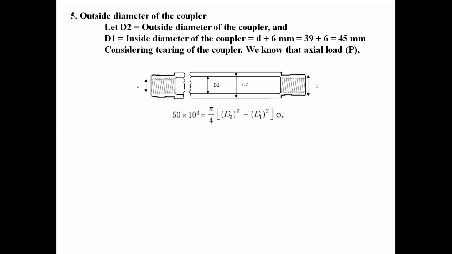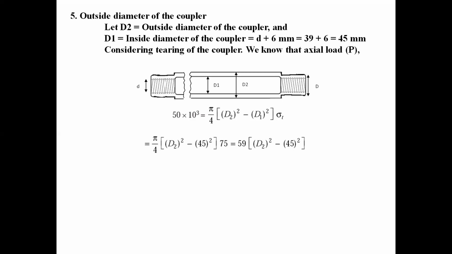So when it comes, 50 into 10 power of 3 is the force, and the area is pi by 4 (D2 square minus D1 square). Just now we considered the coupler nut; a similar type of action is there, only the dimensions are different: pi by 4 (D2 square minus D1 square) into sigma.